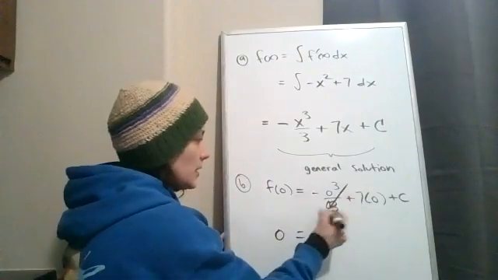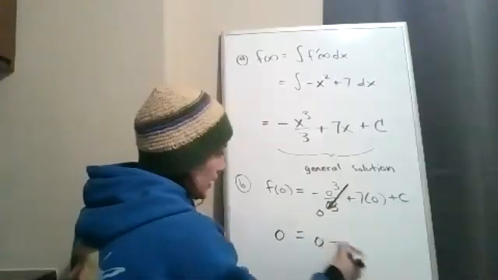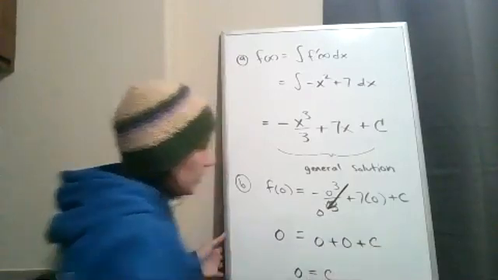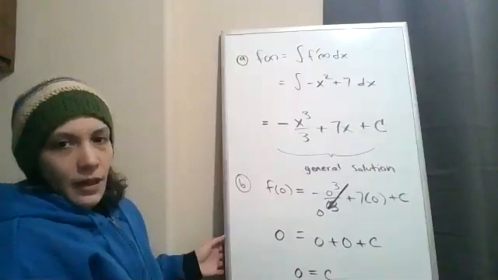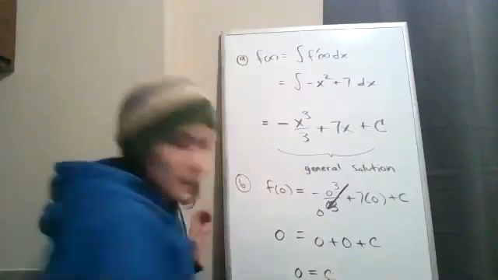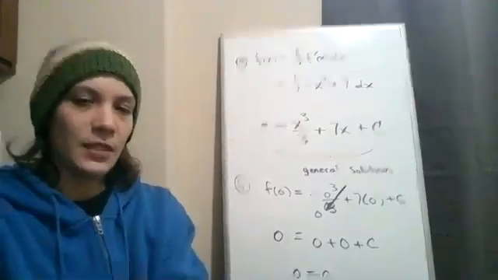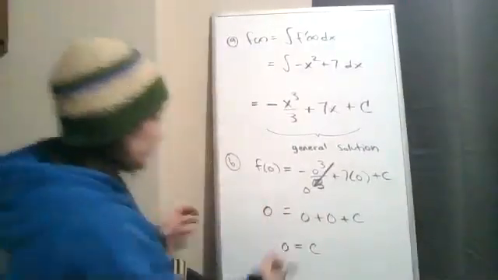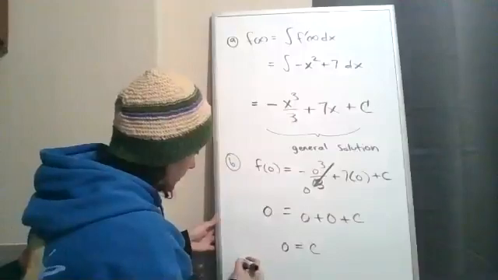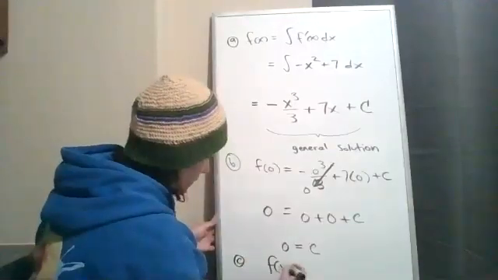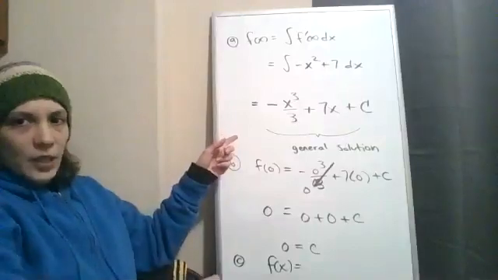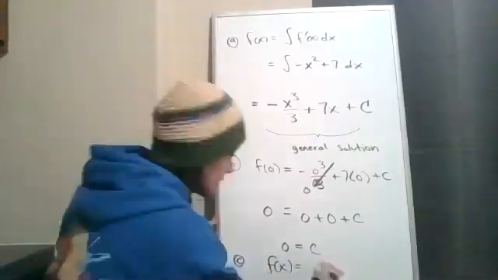Right, this is going to be 0. Okay. We need to finish by just writing up our answer. Negative 1/3 x cubed plus 7x plus 0.